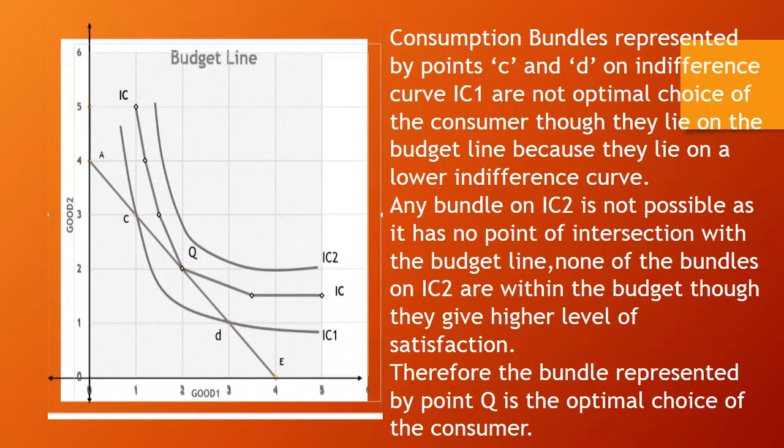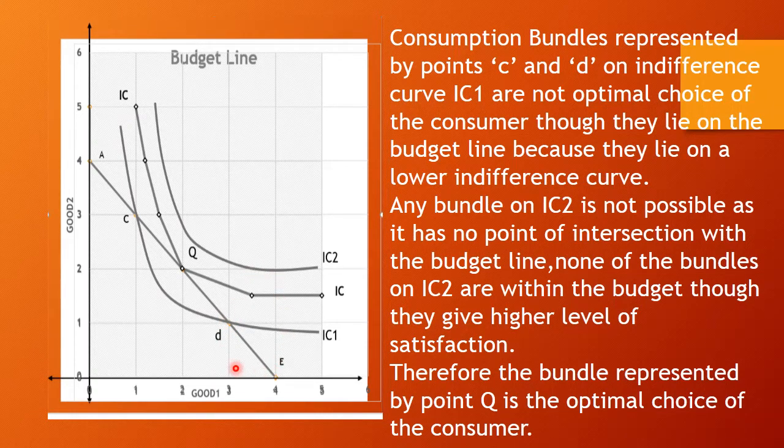On this diagram, I have shown both the indifference map as well as the budget line together. And the reason I have done this is to show you that there are other points which lie on the budget line but are not optimal choice of the consumer. Let us see why.